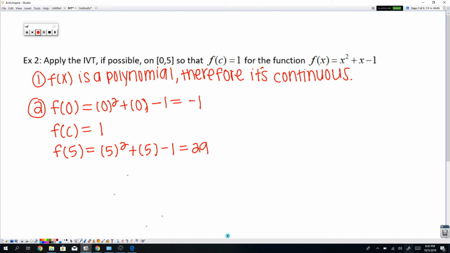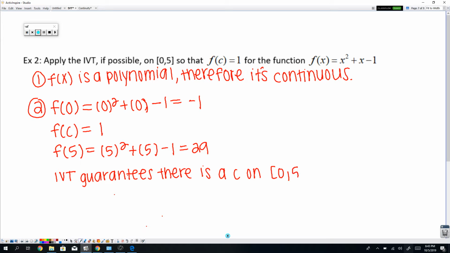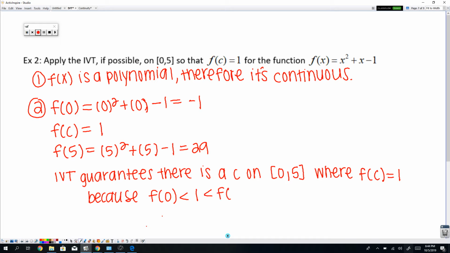Yes, it does. So, we're going to write that the IVT guarantees there is a C on 0, 5 where f of c equals 1, because f of 0 is less than 1, which is less than f of 5.